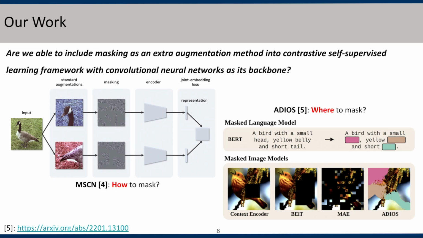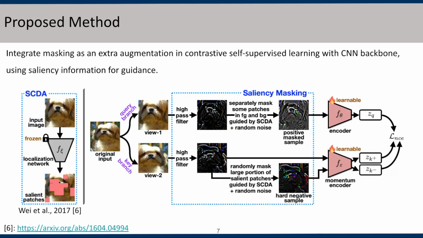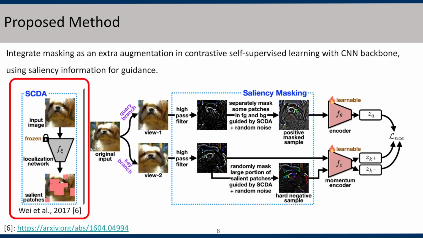how to implement masking. Here is the overview of our proposed method, which incorporates saliency-guided masking into contrastive self-supervised learning with ConvNets as the backbone. We begin by employing a localization network, FC, to generate a saliency map.